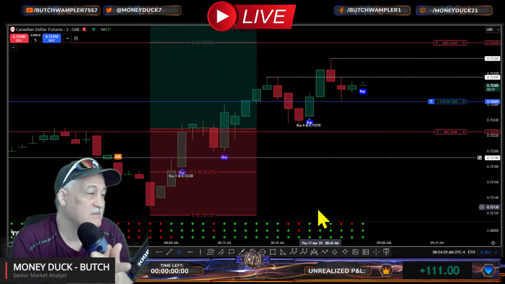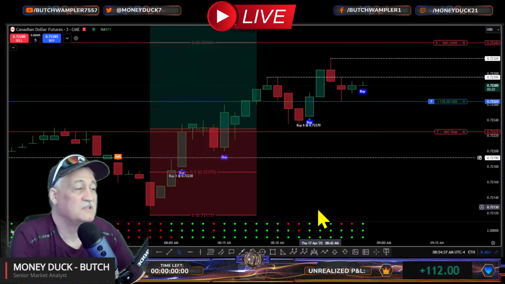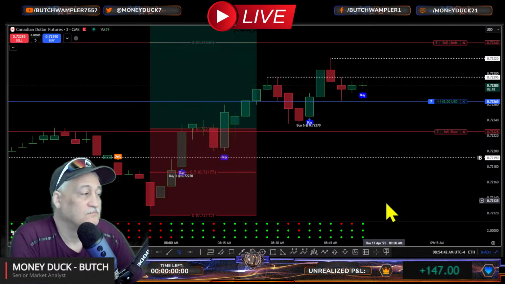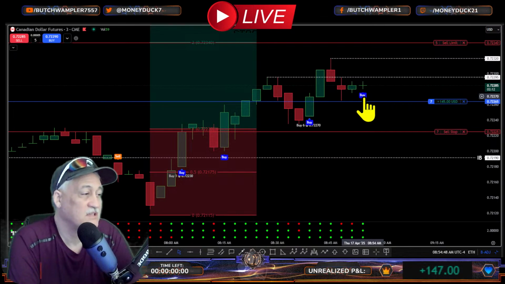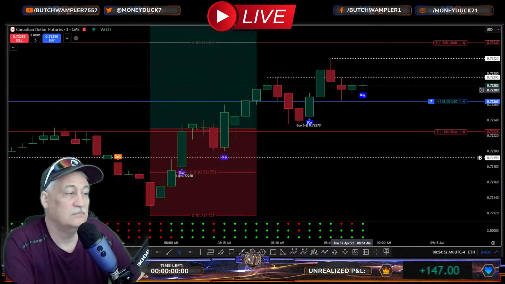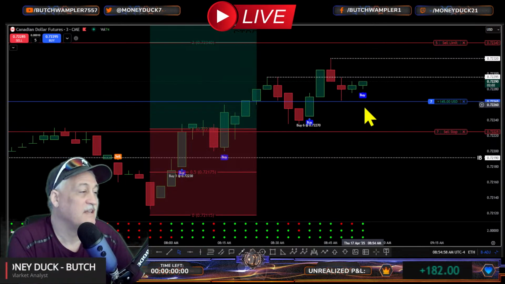Love that we're seeing some green. We're seeing some pushback, sideways between our order line and this previous high right here. This may disappear. Right now it says buy. We've got about 14 seconds left on this candle. So we'll see if that stays.